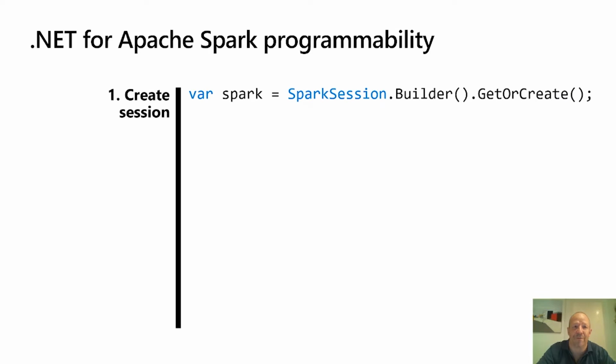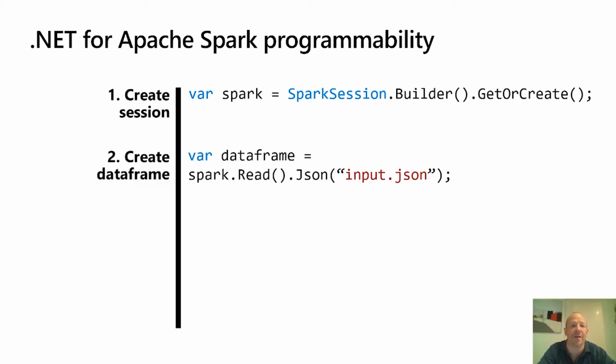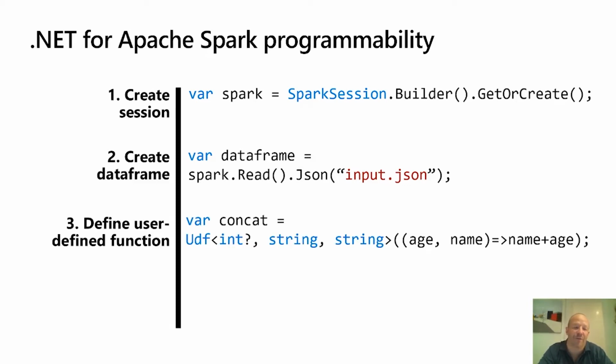So if you do .NET for Apache Spark programming, you start out with creating a session. This is done using the standard statements that you're probably familiar with if you have done Spark before using Python or using Scala. You get a Spark context there. And then with the Spark context, you can read data from somewhere and basically create a data frame. Then in the next step, for example, you could define a user-defined function.